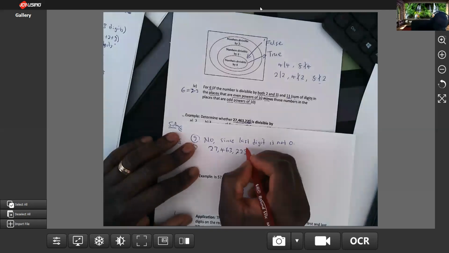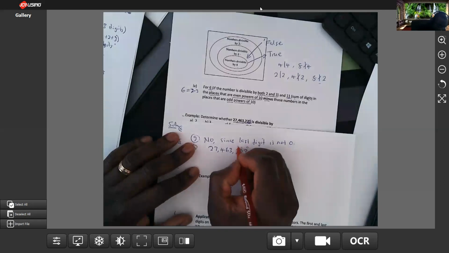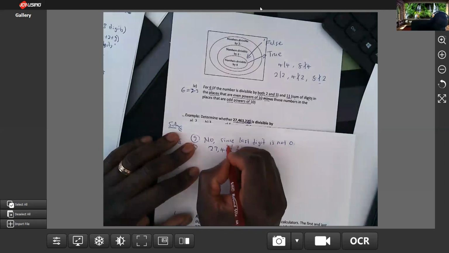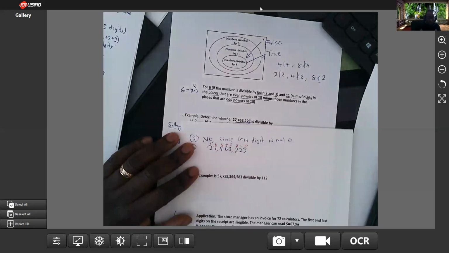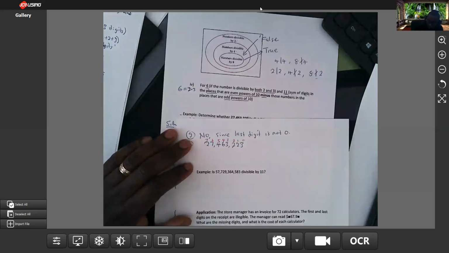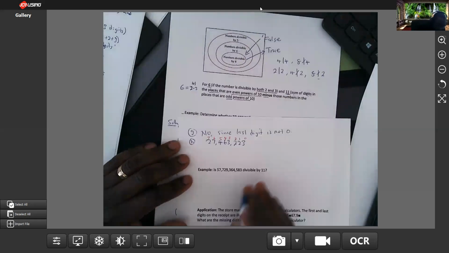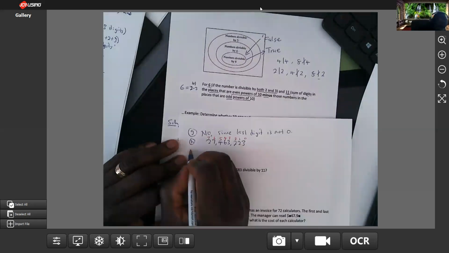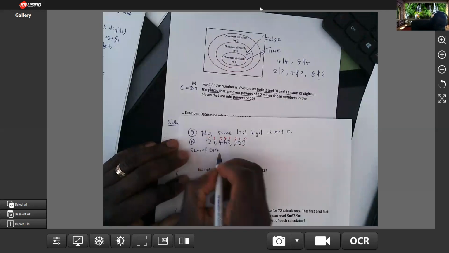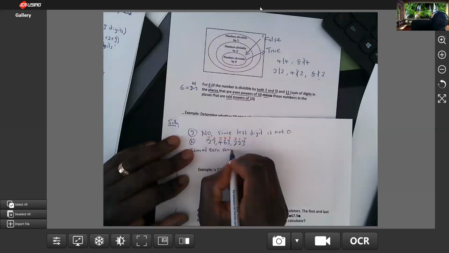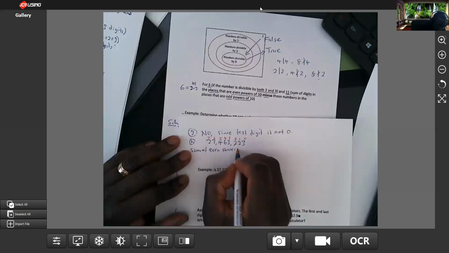So this is 0, 1, 2, 3, 4, 5, 6, 7. Now notice that 0 is an even number. So all the digits that are at even powers. First we look at the sum of even powers of 10.